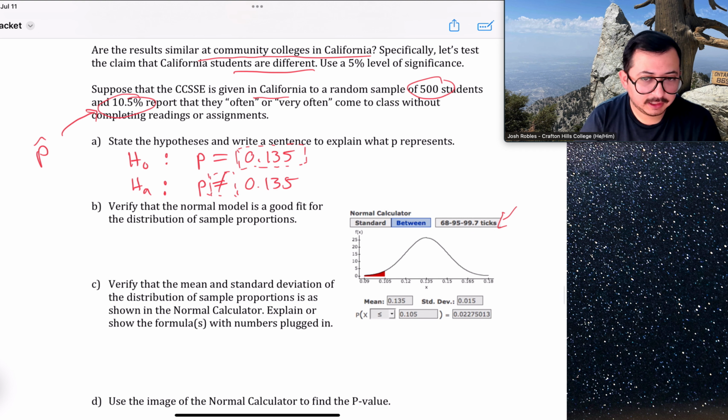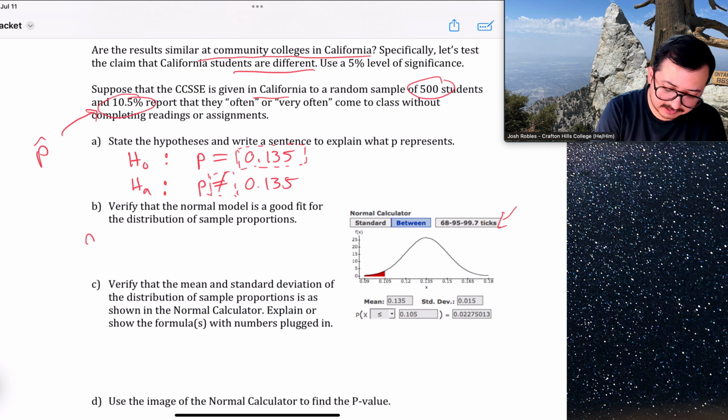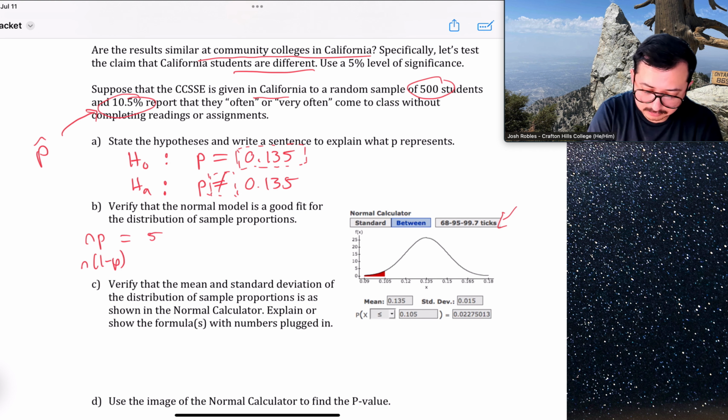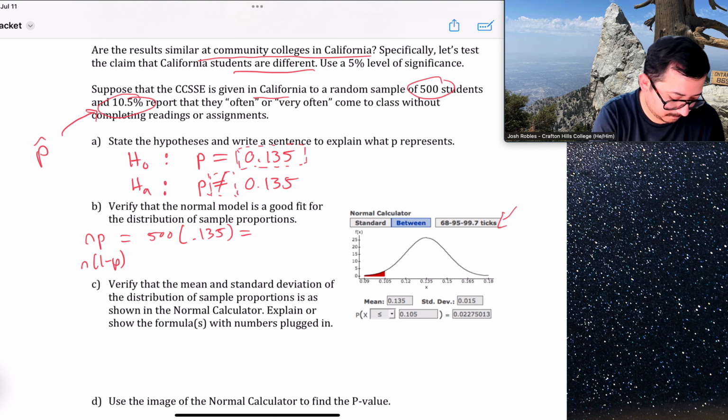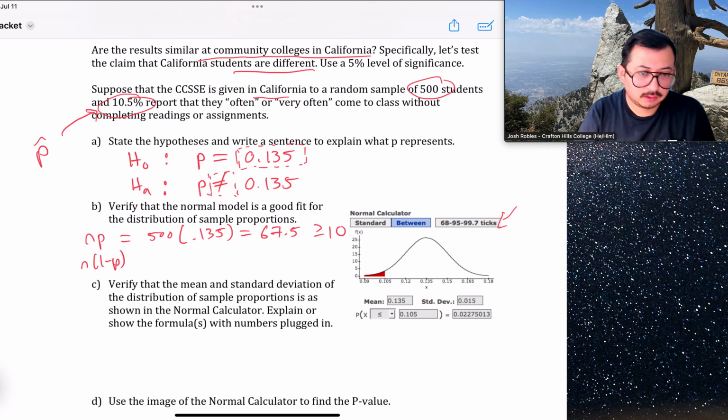Right, verify, so that's n times p, and n times 1 minus p. So 500 times p is 0.135, I just wrote it down. So 67.5, which is bigger than 10.